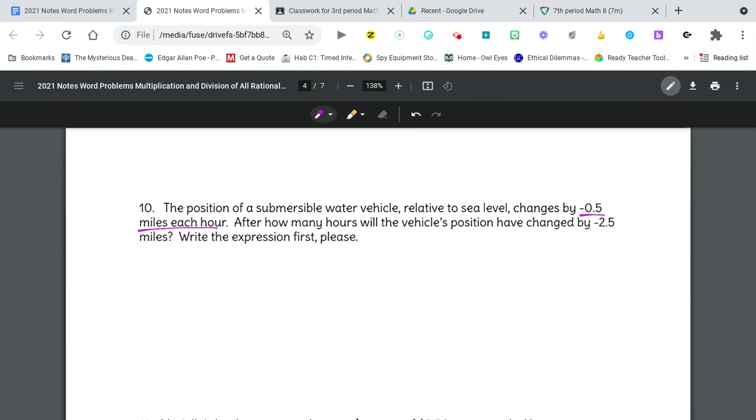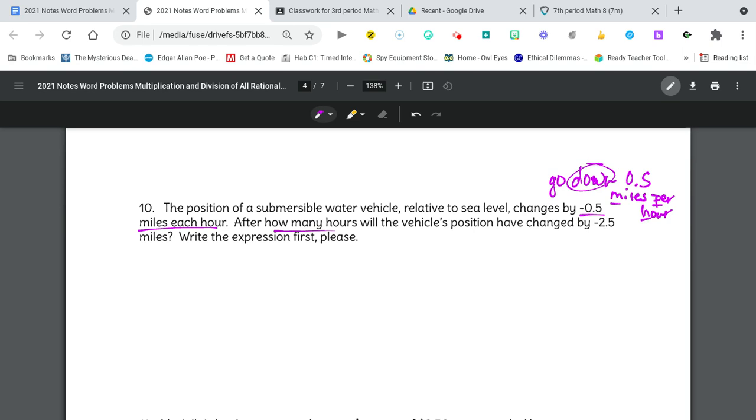When it says it changes by negative 5/10 miles each hour, that means it goes down 5/10 miles per hour. Some people are going to use mph for miles per hour. But because we don't see the word down, we just put the negative on that 5/10, okay?